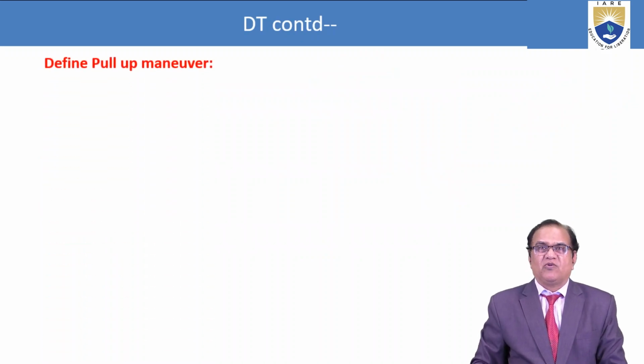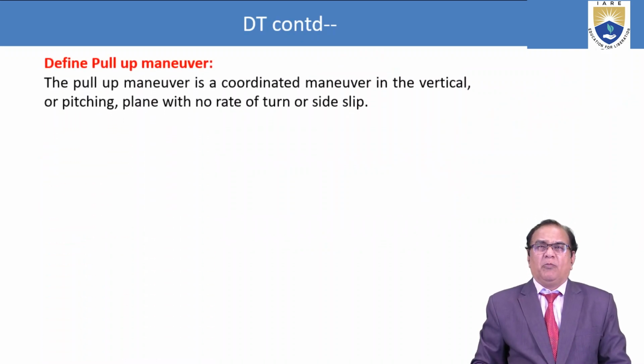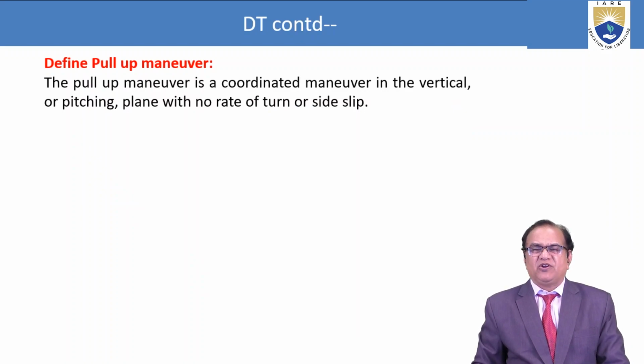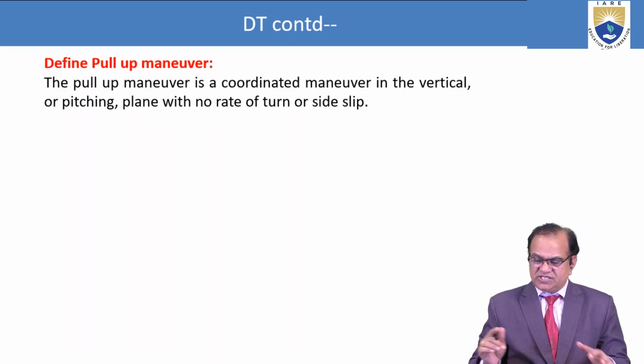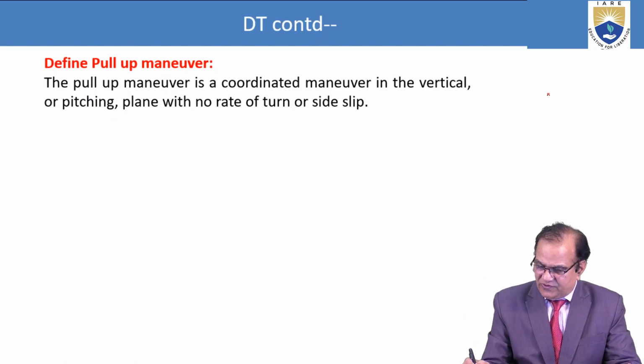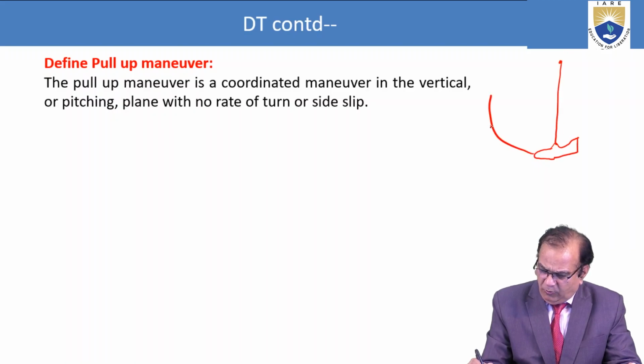Define pull-up maneuver. The pull-up maneuver is a coordinated maneuver in the vertical or pitching plane with no rate of turn or side slip. In the vertical plane, if your aircraft is here, this is the radius, you're pulling like this.